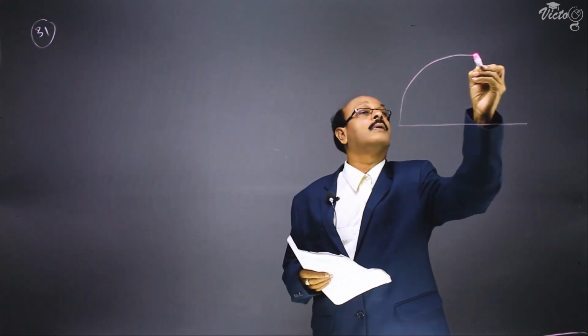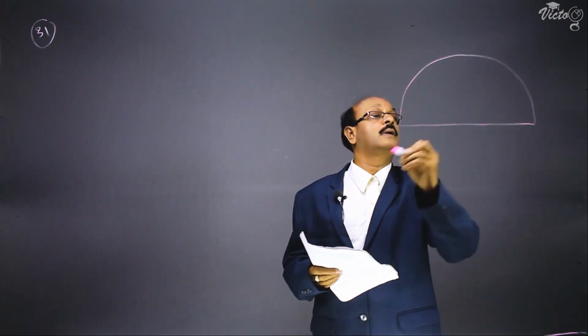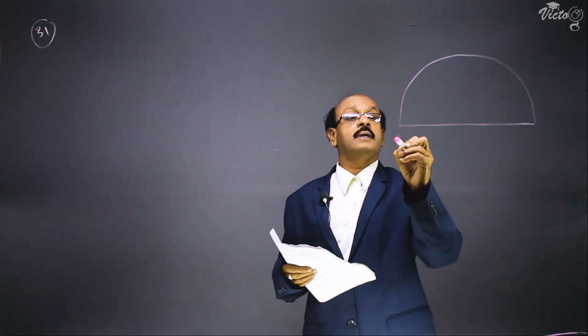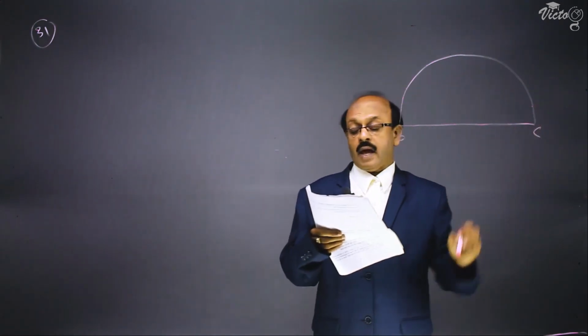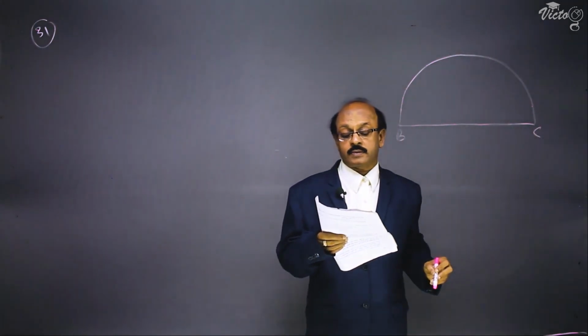There is a large semicircle on BC, and the diameter BC is 5 centimeter.